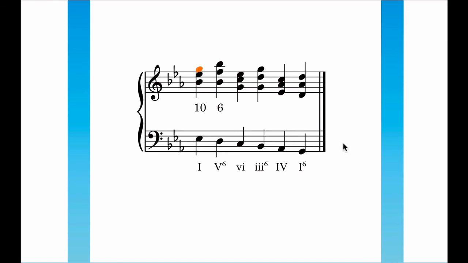Okay. I do have a mistake in here because we're in E flat, and there we go, fixed. Okay, so there's some basic sequences for you.